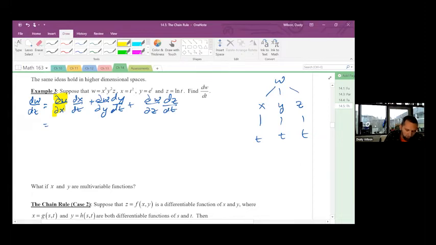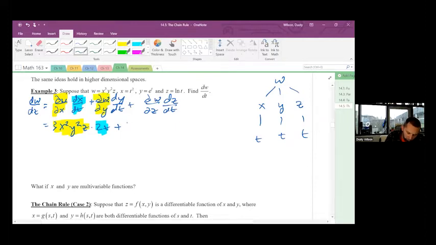So we want to find the partial of w with respect to x. That will be 3x squared y squared z. And then we want dx/dt, or the derivative of x with respect to t. So that would be times 2t, plus, now we could find the partial of w with respect to y.